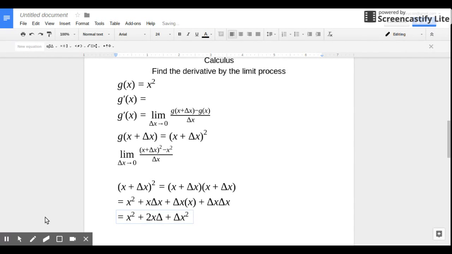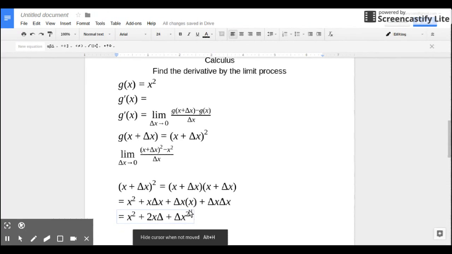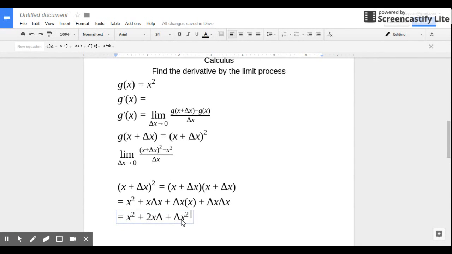This is really assumed to be 2x delta x. Squared means there's two of them. It would probably be more appropriate to say that the whole thing in parentheses is squared. I think that's what we'll do there.